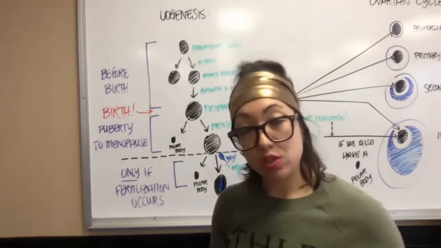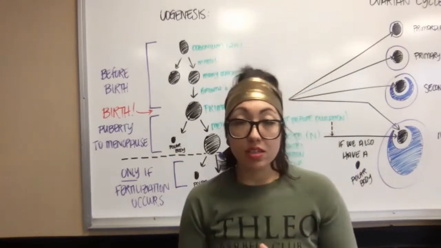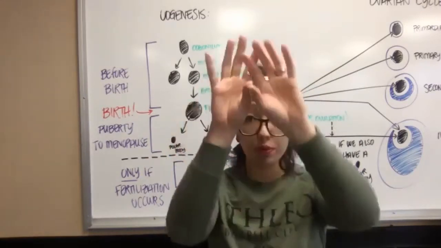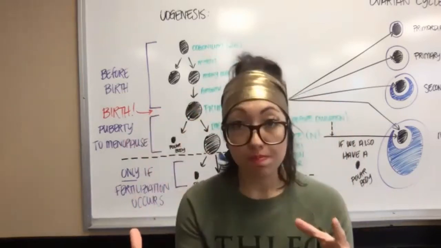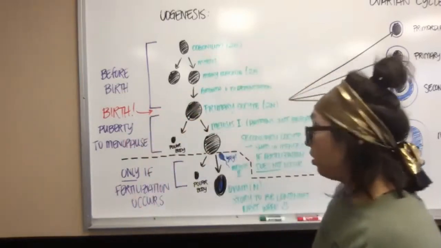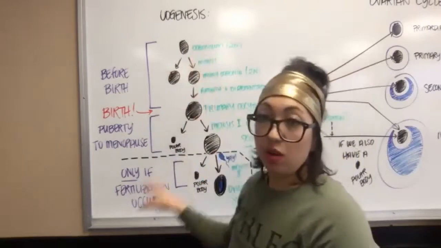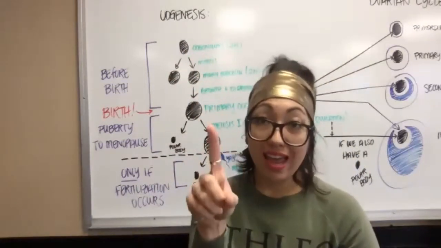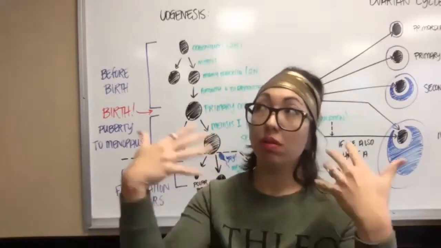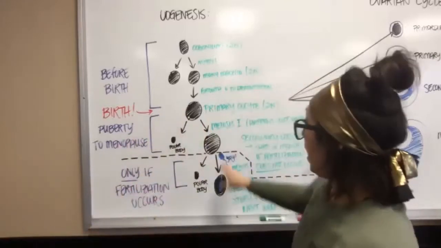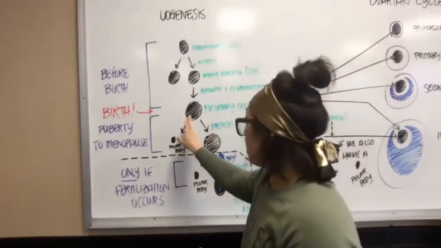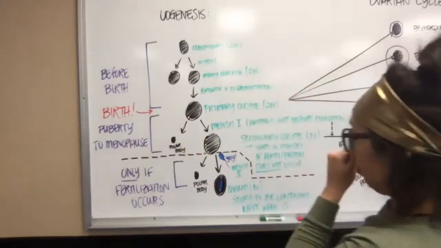So whereas last week in spermatogenesis, we were producing 4 sperm, here, at the end of the day, we're only producing 1 egg, even though we're going through meiosis. And the way that we can think of that is because we have these polar bodies.